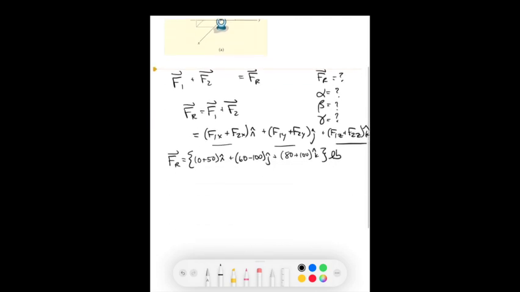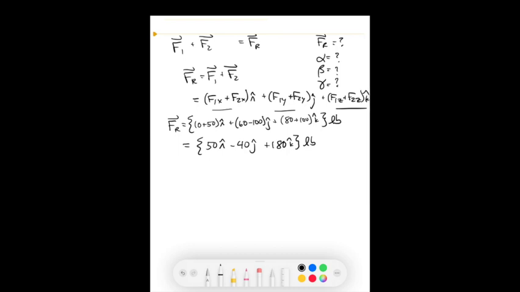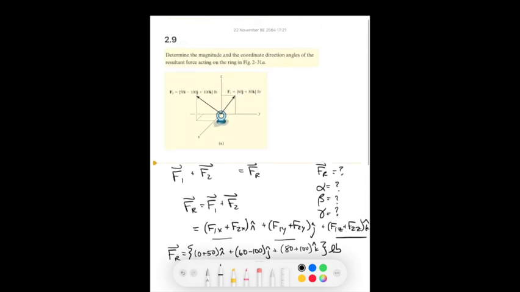We're told that it's pounds. So we just do that arithmetic and we find 50, minus 40, and 180. So this is our resultant force.